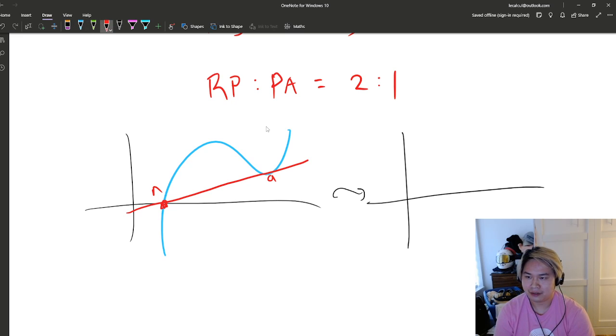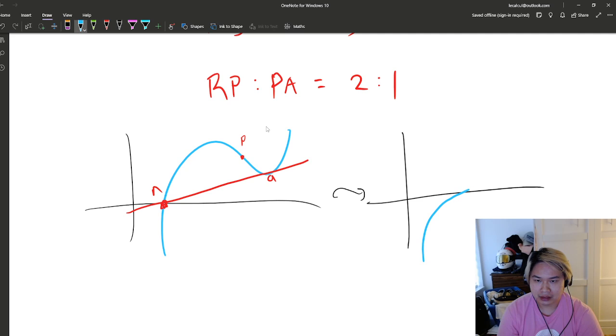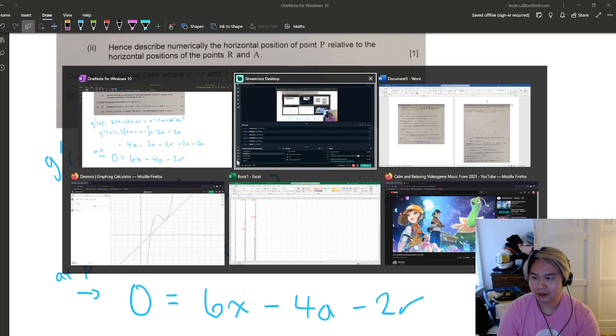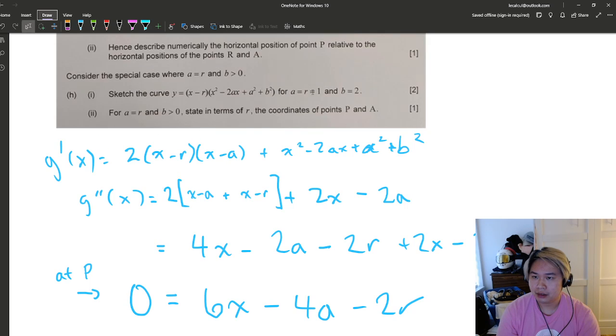Oh, and then you also have the inflection point P somewhere here. And if R and A are going to converge, then P will also converge together. This is kind of like a funny squeeze theorem for those that know what that is. And they will just eventually look like that, I think. But that's just my prediction. You have a GDC, so let's plug in these values and see if I'm right. A and R are 1, B is 2.